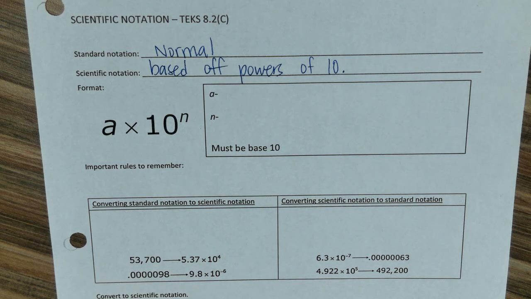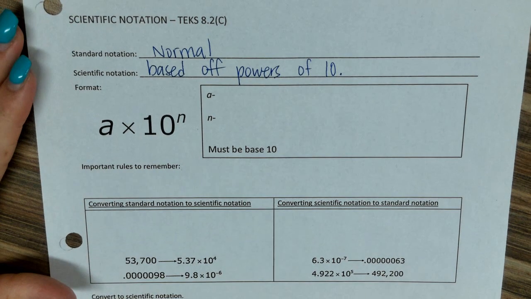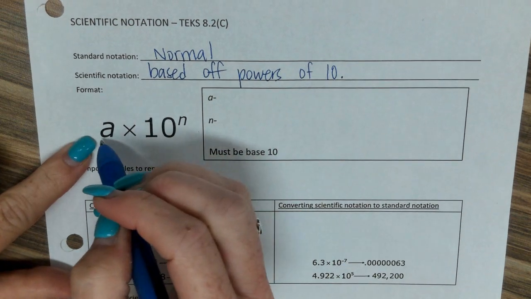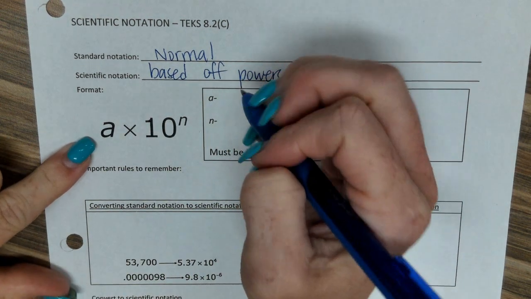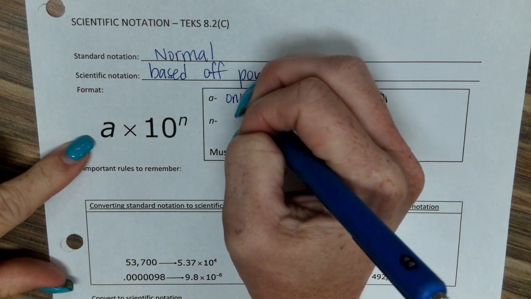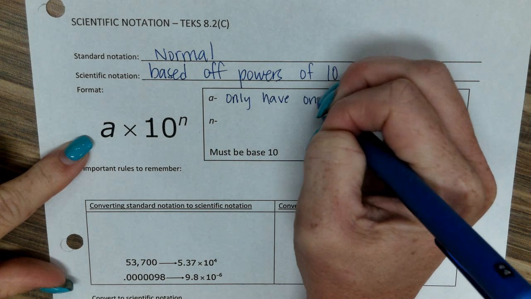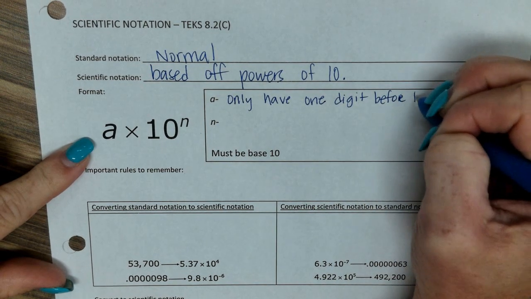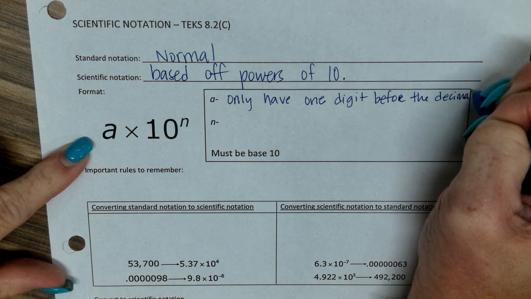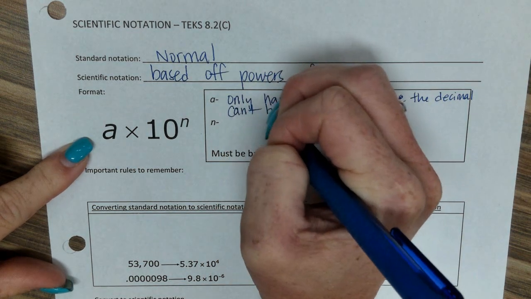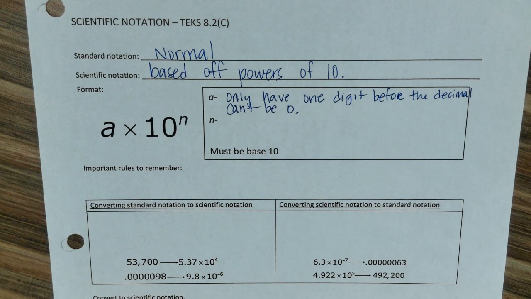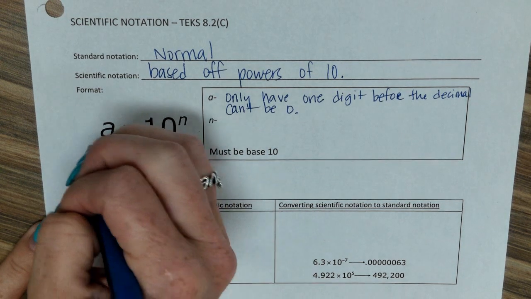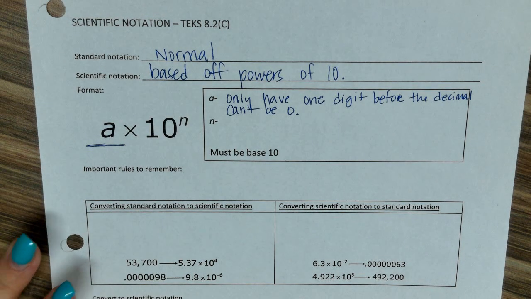All right, this is what scientific notation looks like. This number right here is your base number, and it has to only have one digit before the decimal, and it can't be 0.